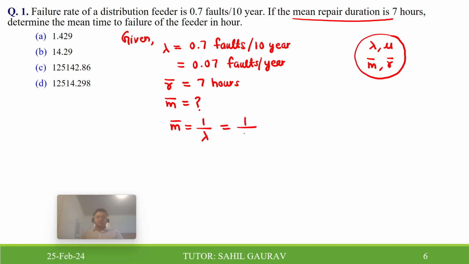So 1 upon 0.07 will give you the result in years per fault. And here they have asked to find it in hours, so multiply with 8760 upon 0.07 hours per fault.